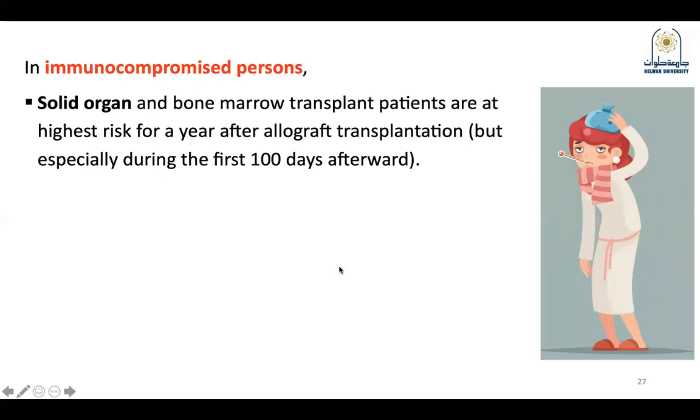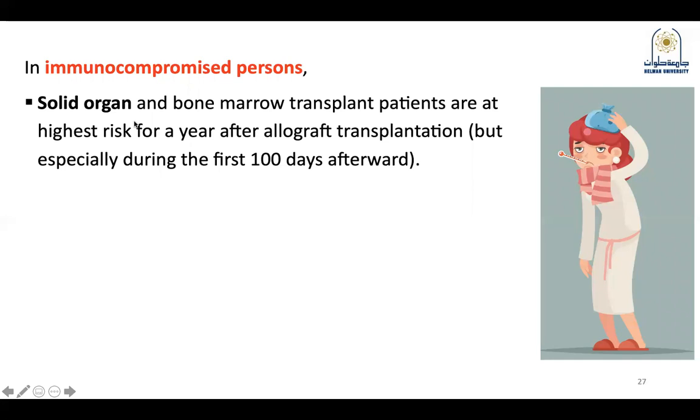In immunocompromised patients, and this is the great challenge, cytomegalovirus will present as a latent infection, which means the virus exists in their body and will flare up when the patient's immunity goes down.